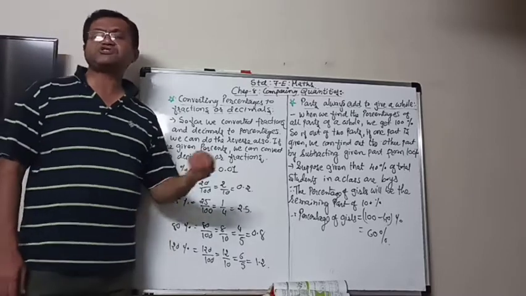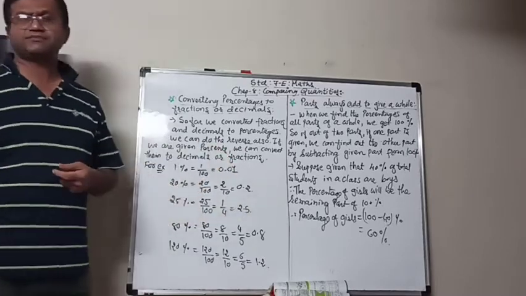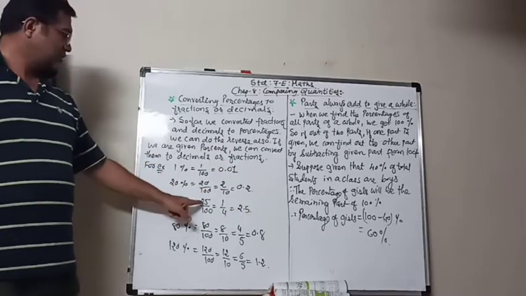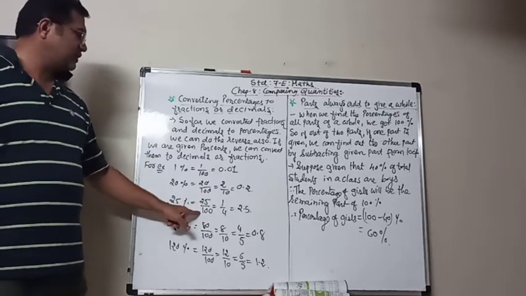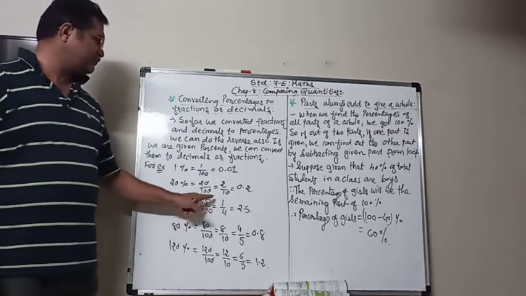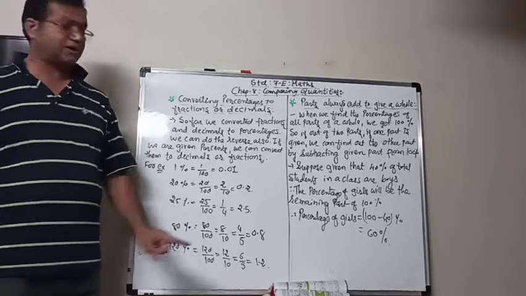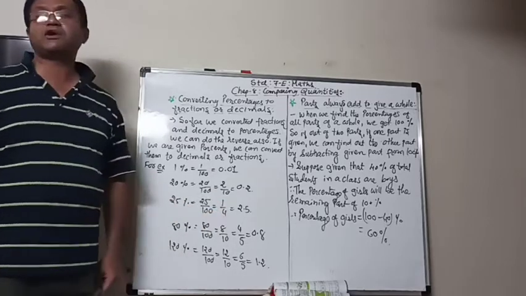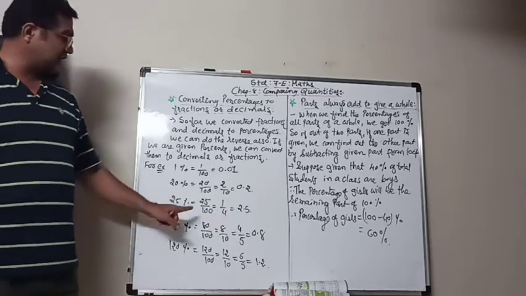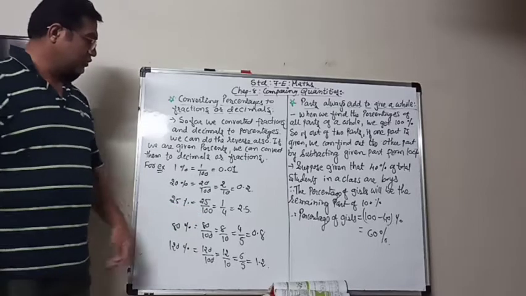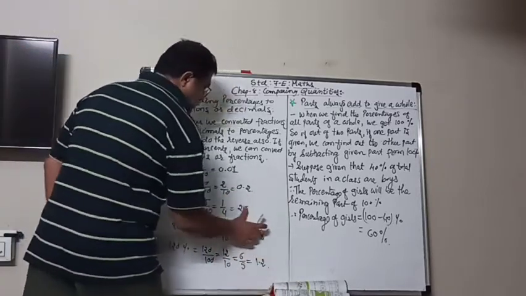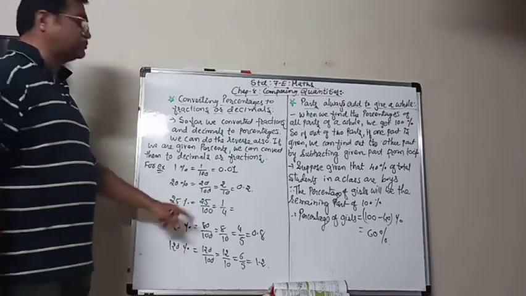Another is 25%. 25% can be written as 25 upon 100. And when we simplify and write in the simplest form, 25 4s are 100, so the fractional form is 1 upon 4. But the same thing you can write in decimal form also.